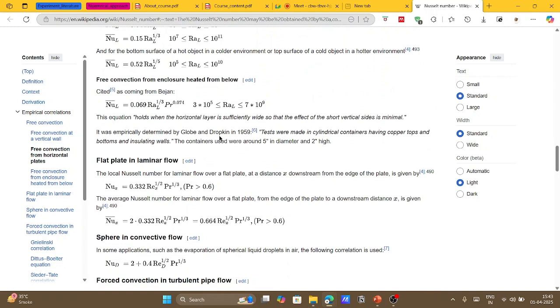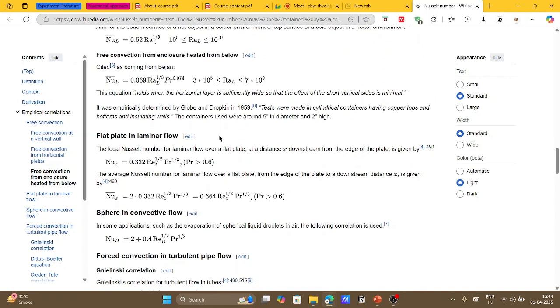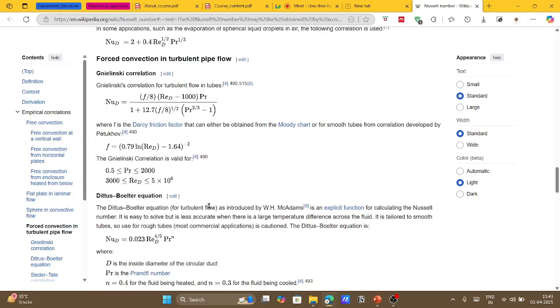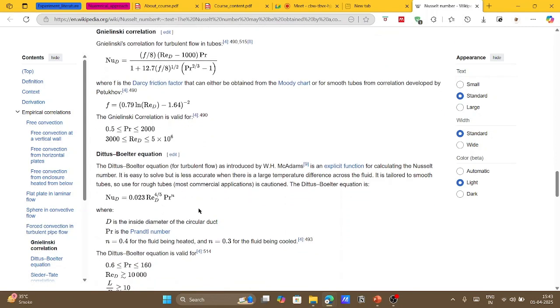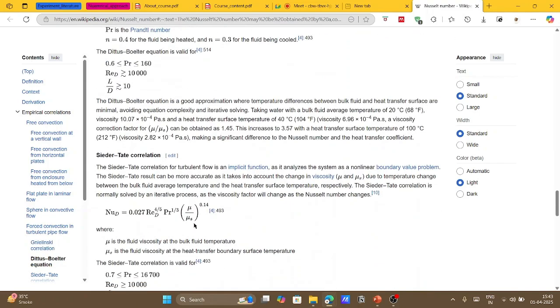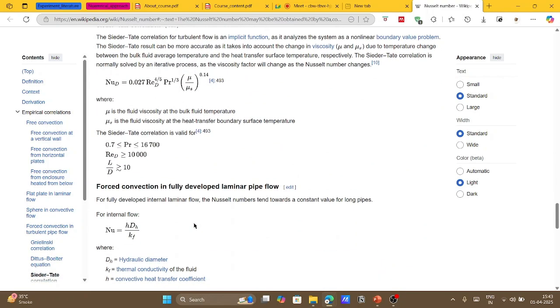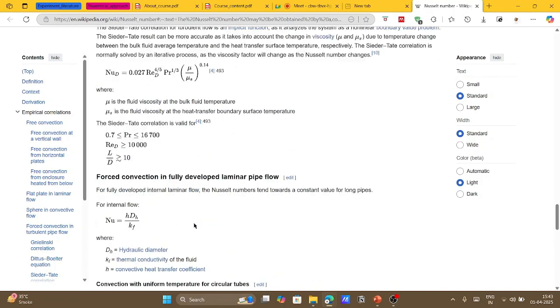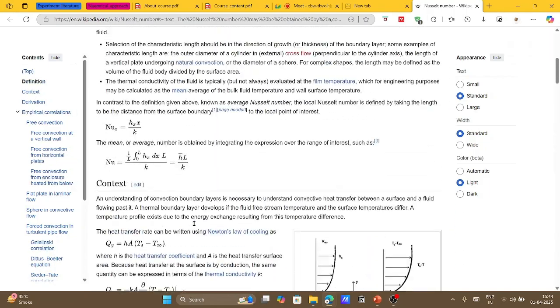Now if we are moving into forced convection, depending upon the laminar and turbulent flow regime, we use different equations, right? These are all the correlations available. We already discussed the Dittus-Boelter equation, right? These equations are useful to compute the Nusselt number and thereby the heat transfer coefficient.